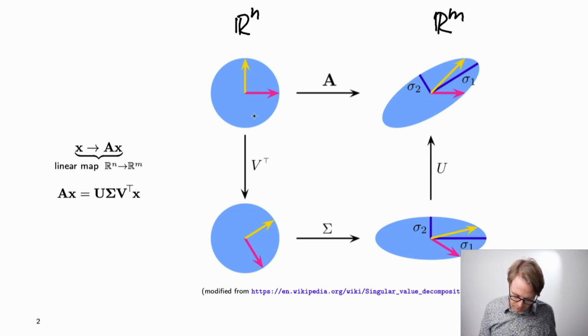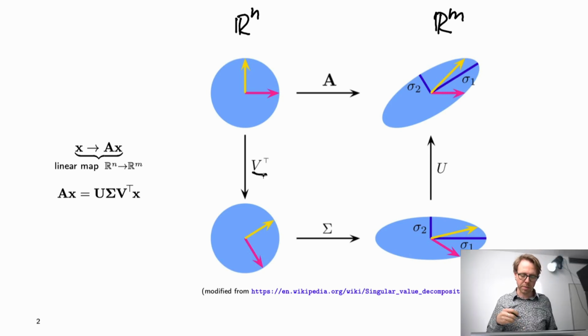Now if we do this multiplication by A, this linear transforms in steps, first multiplying with V transpose. Remember, these are the right singular vectors, and they are an orthonormal basis of Rn, which means that if we multiply with it, we only perform a rotation.